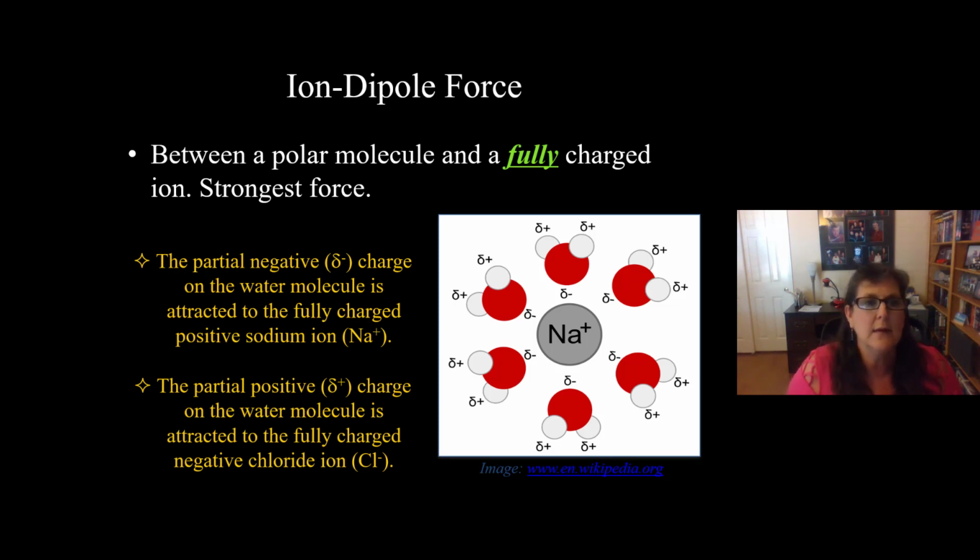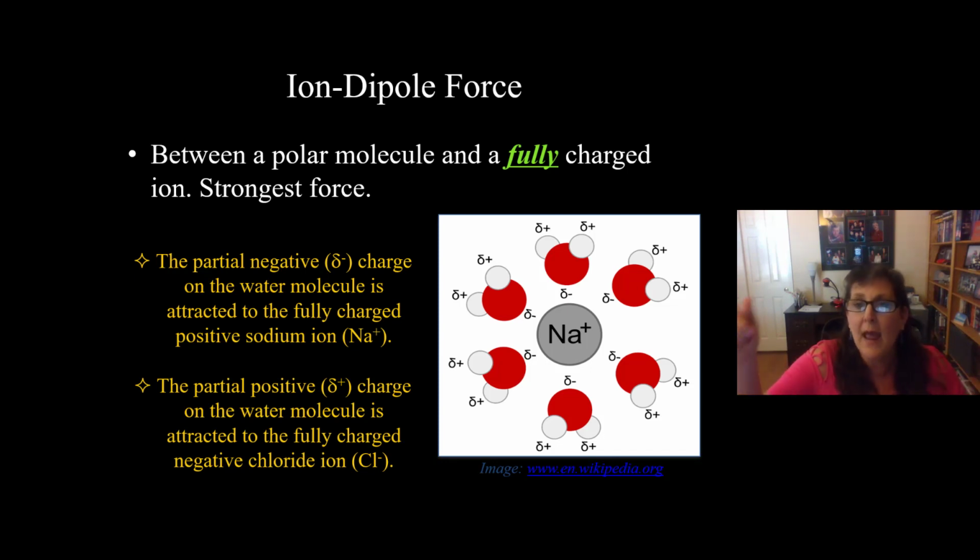So what happens is the negative charge on the water molecules, which is the oxygens in red, are attracted in the picture to the fully charged positive sodium ion, Na+. So sodium is a complete +1. Now the waters are just a little bit plus and minus. The oxygens are the little bit minus. And so they all point in towards the sodium because opposites attract.